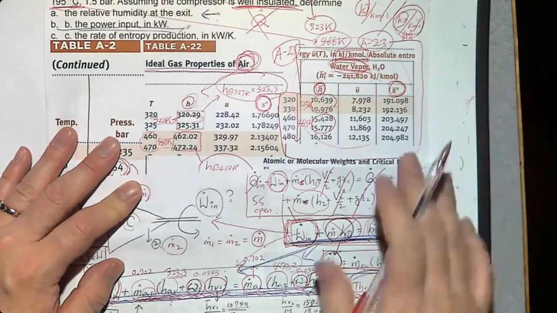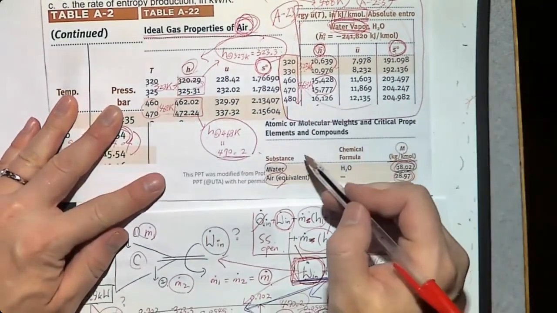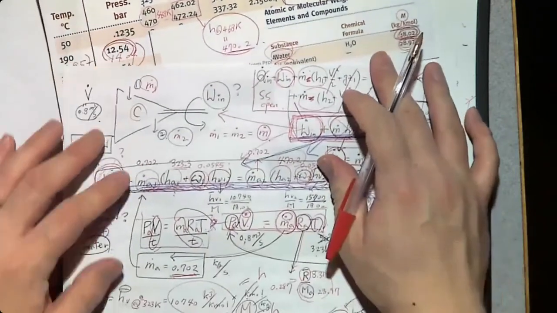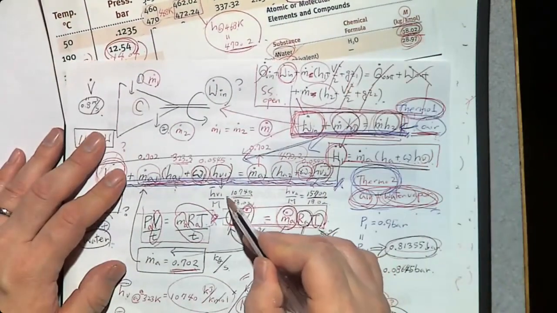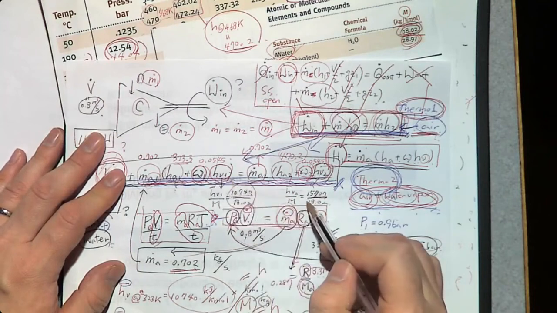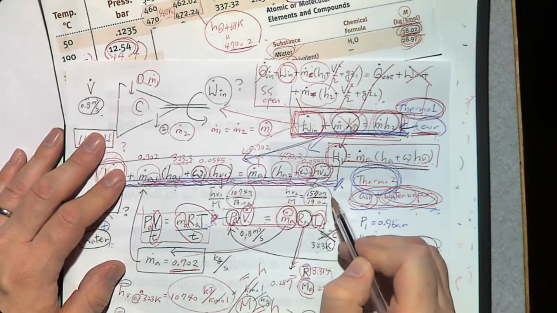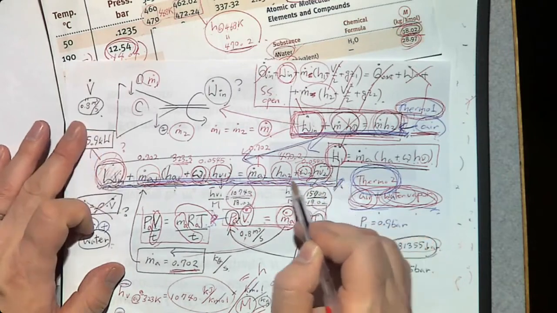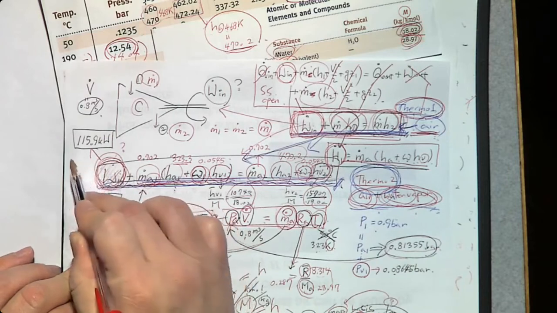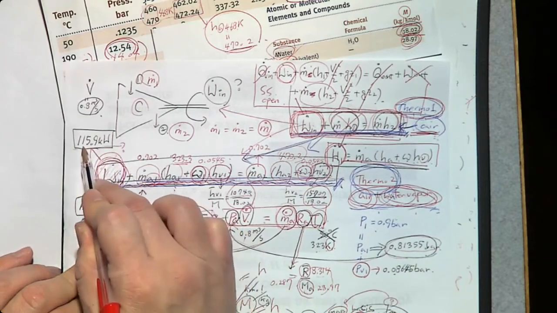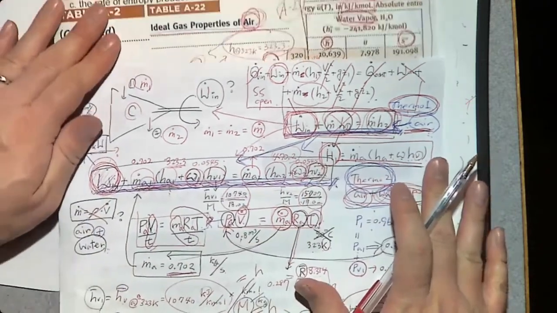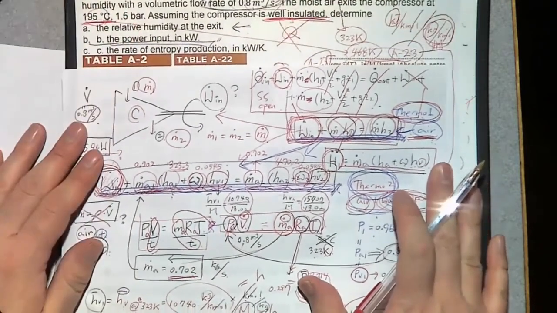By the way, the molecular weight of water is 18.02. So you can divide this value by 18.02 to determine HV1, and you can do the same for HV2. Then we have everything. You can determine the power input for the compressor to be 115.9 kilowatt. That was the second part of this problem.